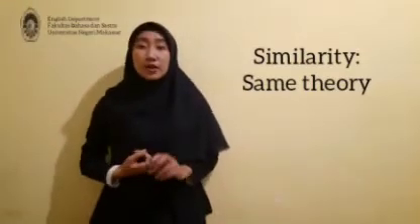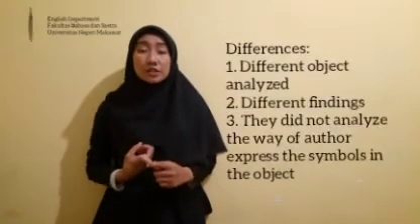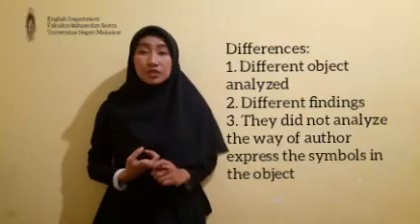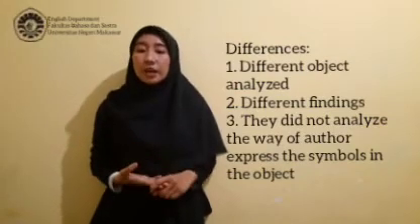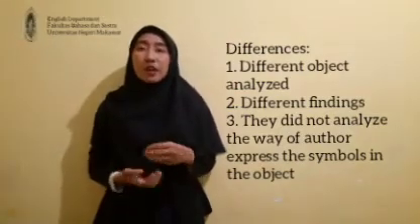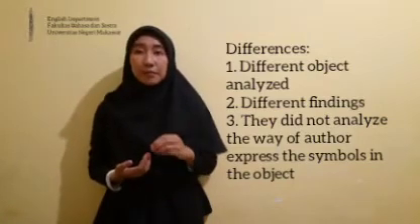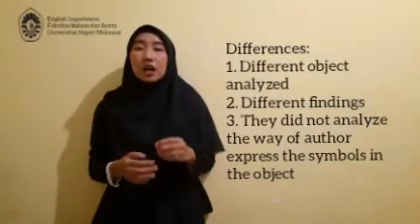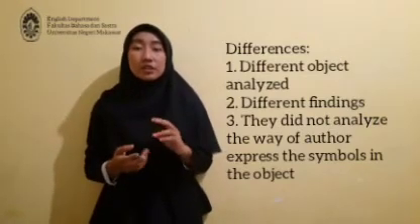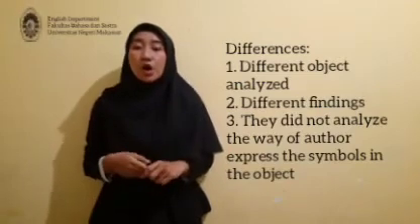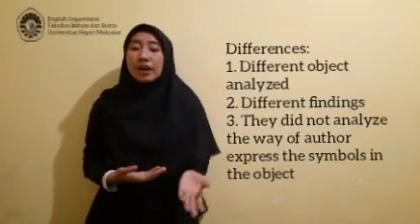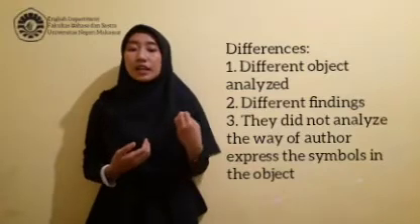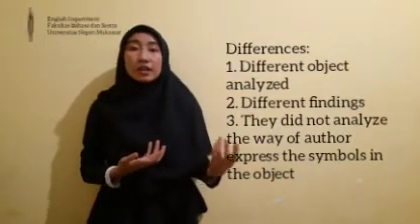There are two previous studies that are related to my research. They are the research by Rato in 2017 and Juanita in 2017 too. Both of them use the same theories in analyzing semiotics, but my research and the two previous studies have different findings because we have different objects to be analyzed.